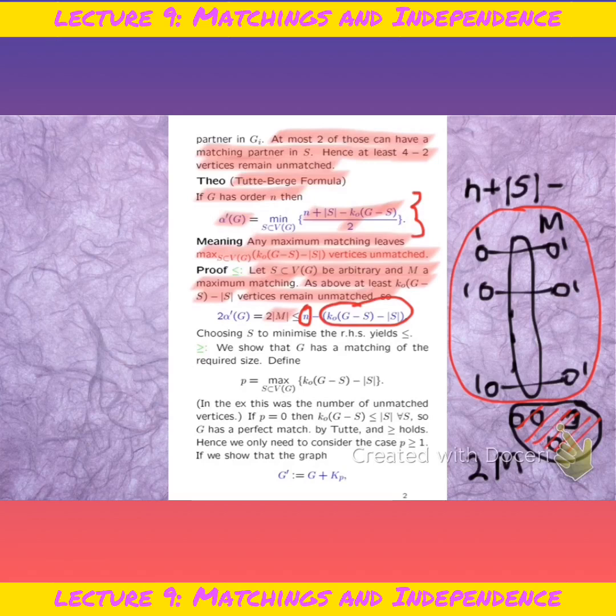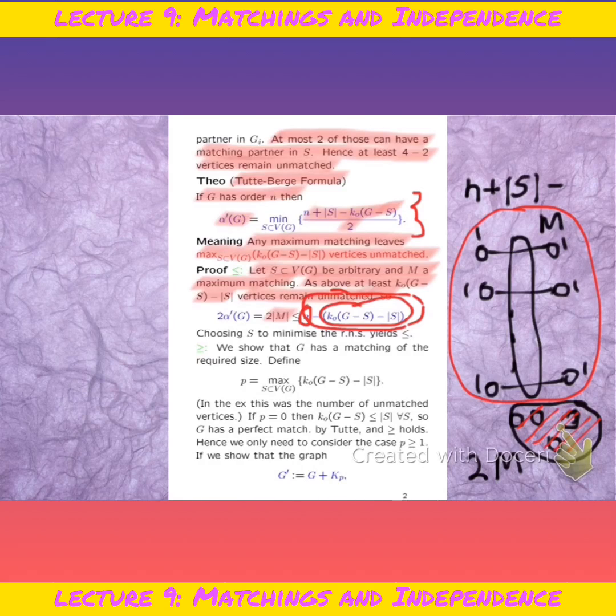How do we make that upper bound as small as possible? Because we want to find the best upper bound.